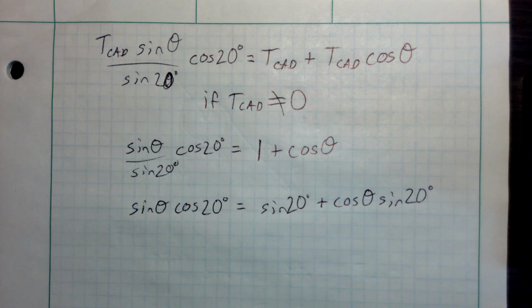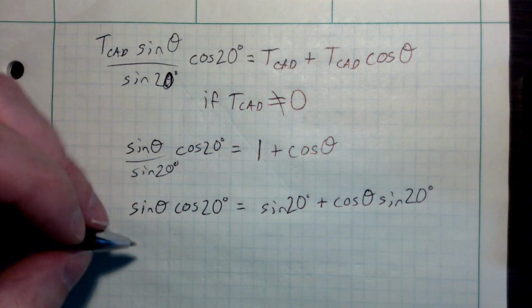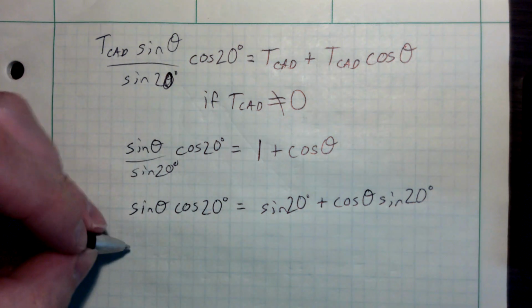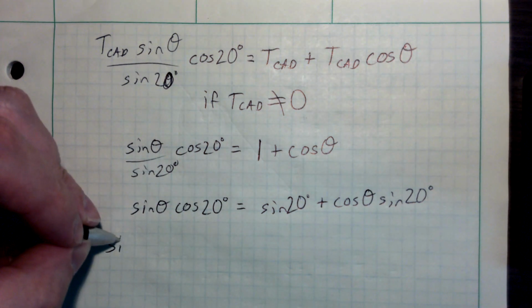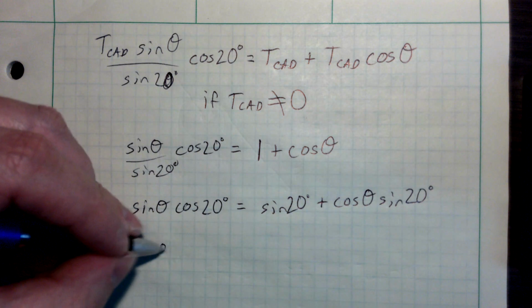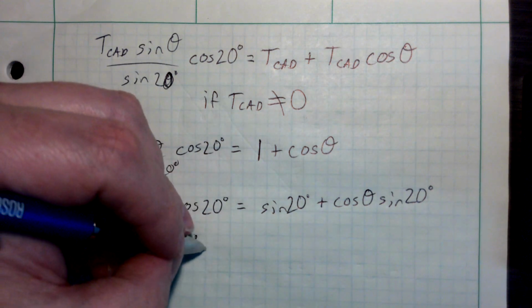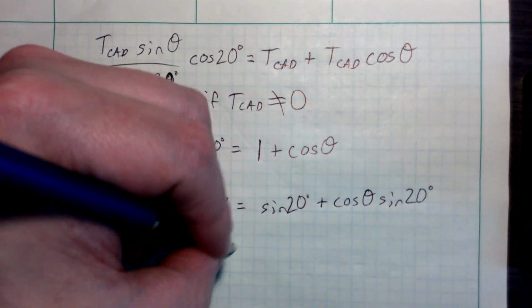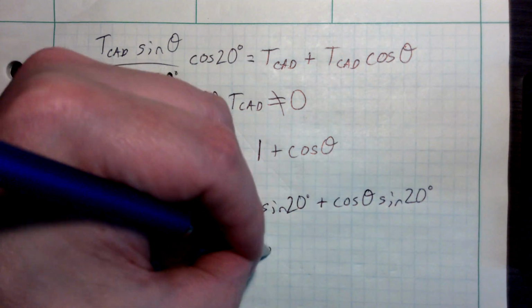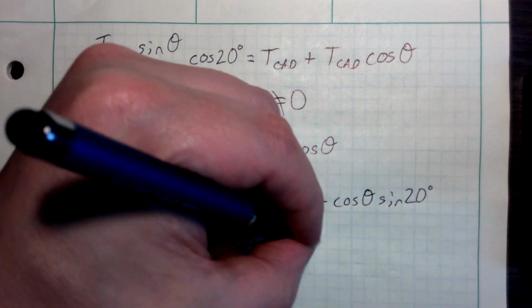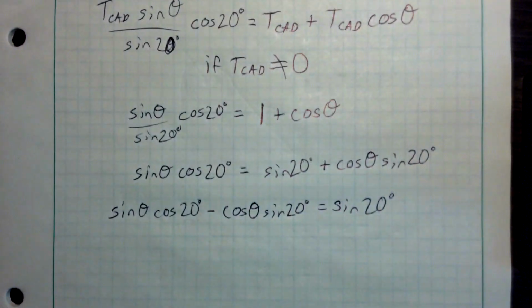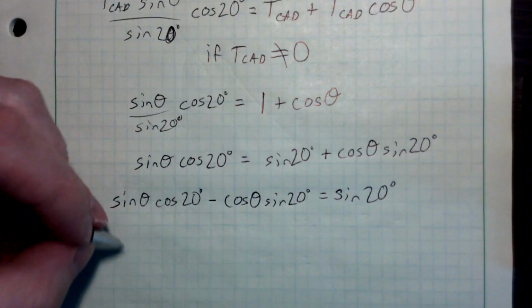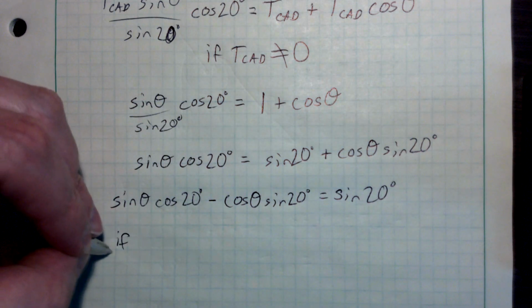And here's where I kind of hit a brick wall, because it's been a long time since I've taken trig. But I was like, well, there's got to be some kind of angle identity. Sure enough, if you take sine theta cosine 20 and subtract cosine theta sine 20, that's going to equal sine 20 degrees, and there's a magic trigonometric identity we can apply here.